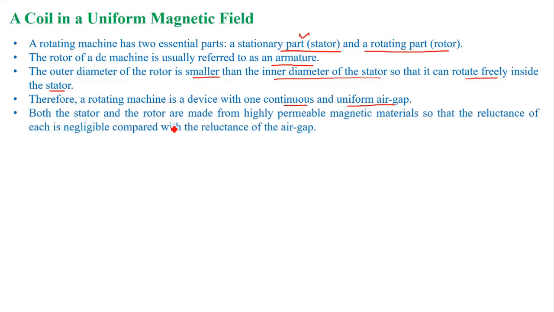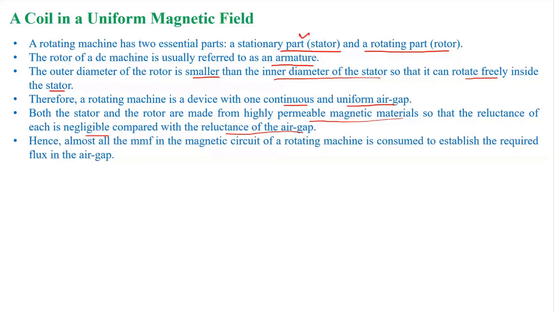Both the stator and the rotor are made from highly permeable magnetic materials so that the reluctance of each is negligible compared to the reluctance of the air gap. So the permeability is very high for the materials used for making the stator and rotor. Hence, almost all the MMF in the magnetic circuit of a rotating machine is consumed to establish the required flux in the air gap.